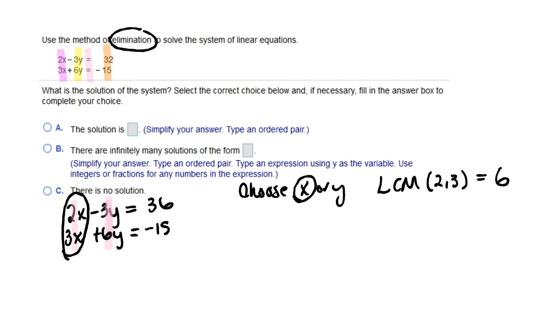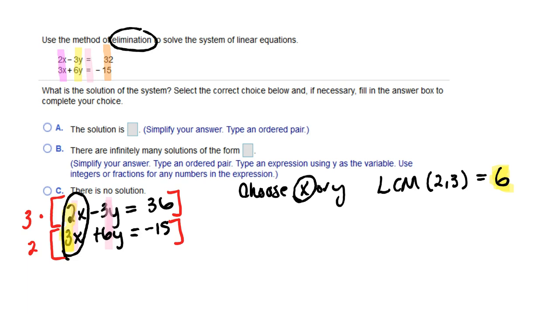So if I want to change that coefficient of 2 to a 6, I need to multiply by 3. I'm going to multiply that whole equation by 3. If I want to force this coefficient of 3 to be a 6, I need to multiply that whole equation by 2.